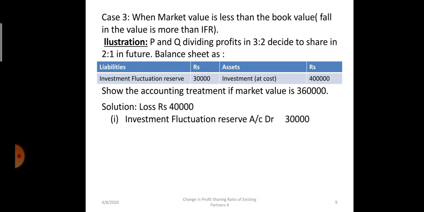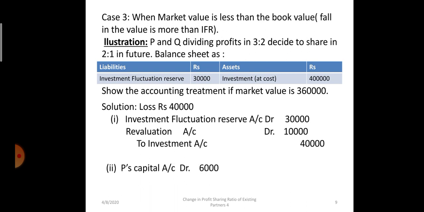So investment fluctuation reserve 30,000, revaluation account debit 10,000 to investments. To reduce the value of investments, we will credit it, so 40,000. So now see, there is a loss of 10,000. So P's capital account debit, Q's capital account debit to revaluation 10,000 in the ratio of 3:2.